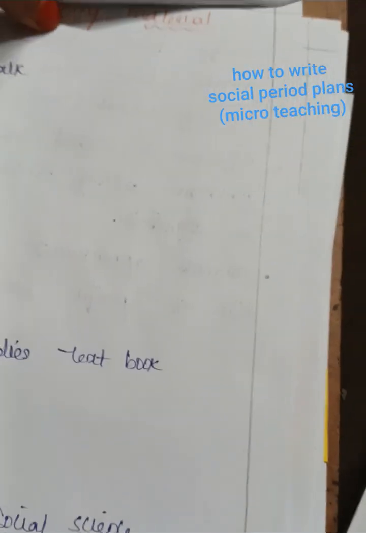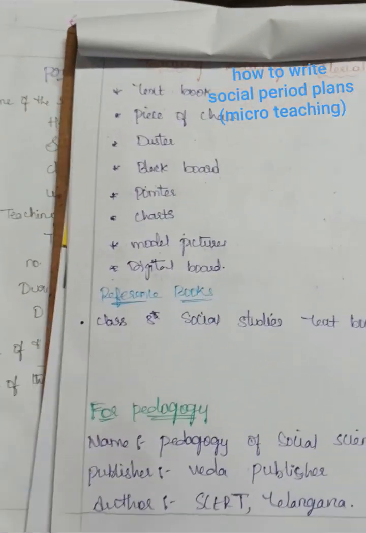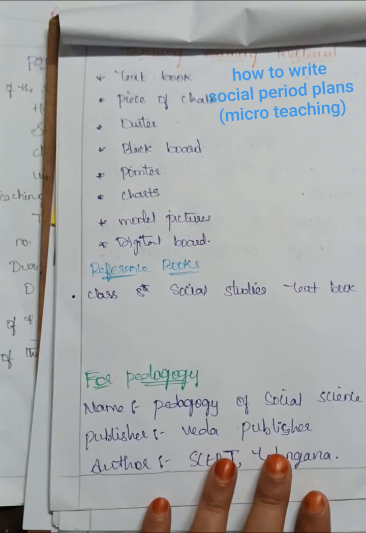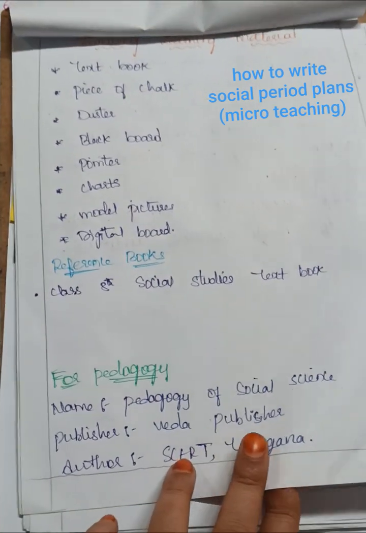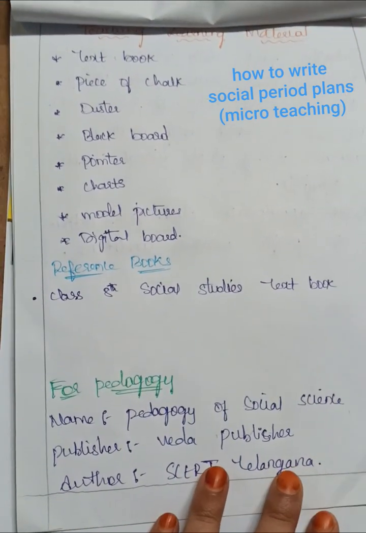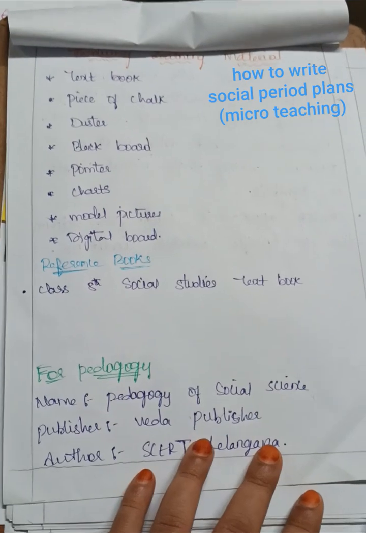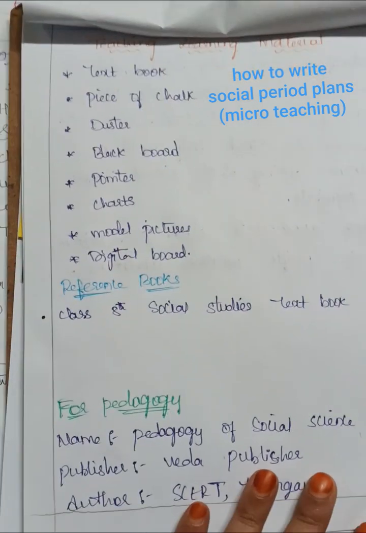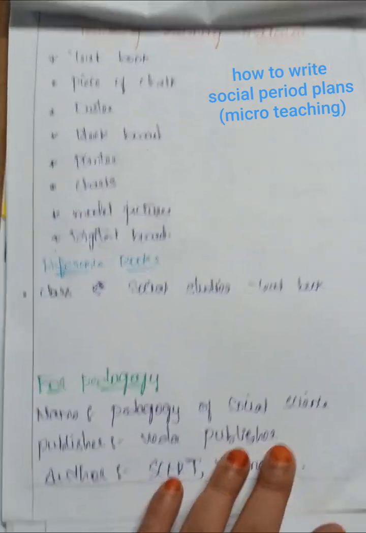After this, you have to write about TLM. In TLM, you write whatever you are using to explain in the classroom, whatever tools you are using to take the class and explain the period plans. You have to write it in TLM, teaching learning material. For example, textbook, pieces of chalk, duster.